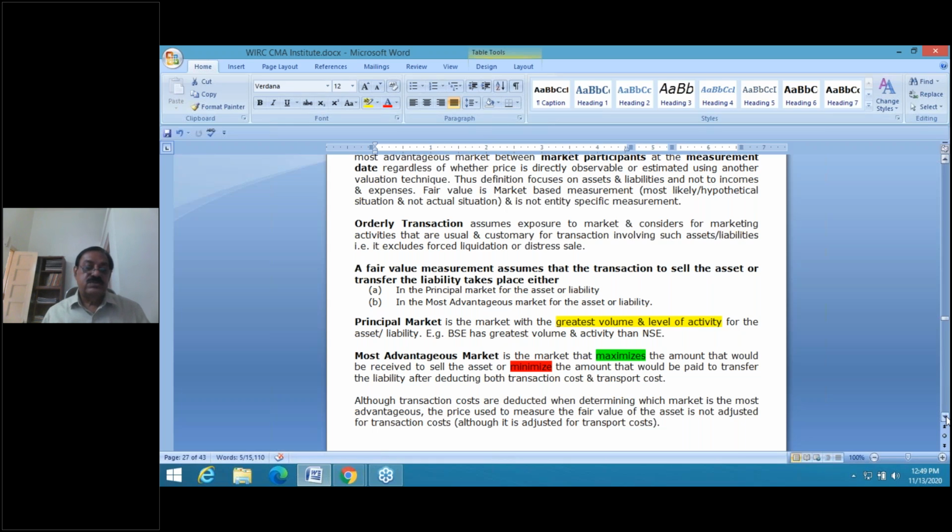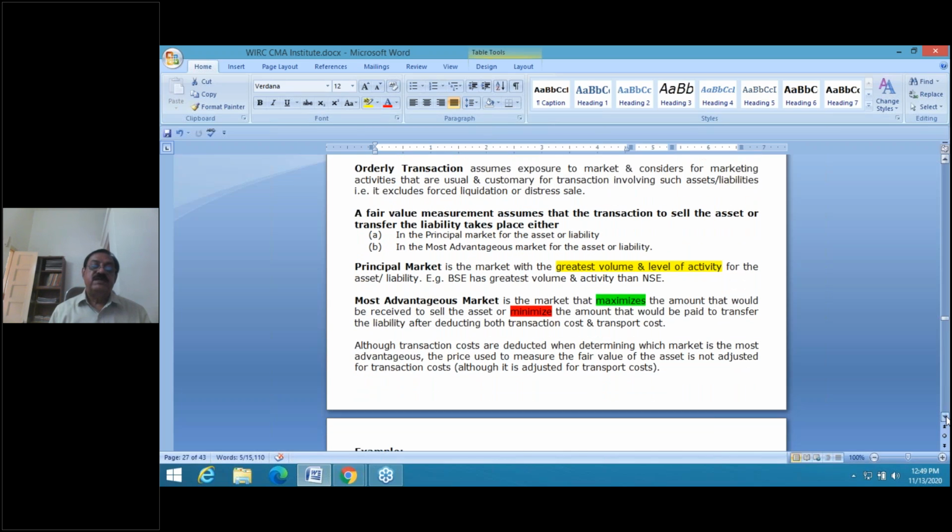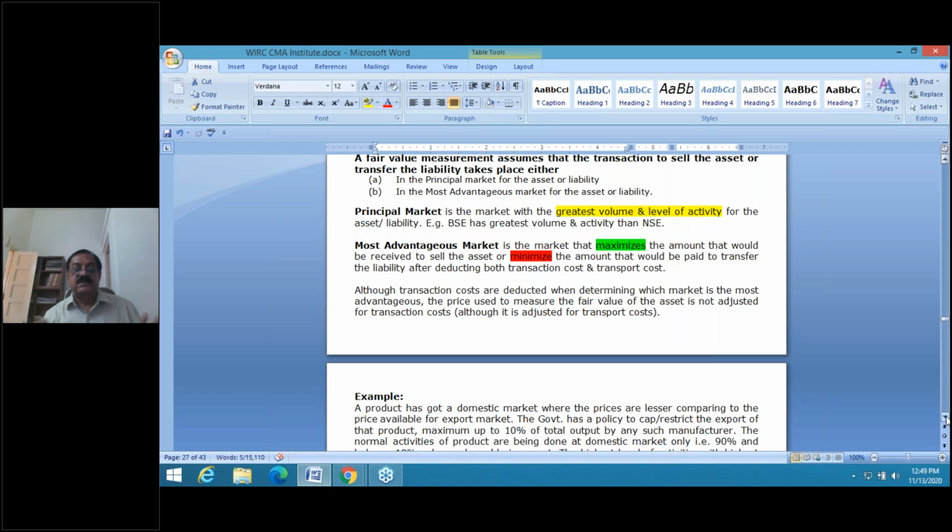Whereas the most advantageous market is a market that maximizes the amount that would be received to sell the asset or minimizes the amount that would be paid to transfer the liability, after deducting both transaction and transportation cost. So most advantageous means where you get the highest price.